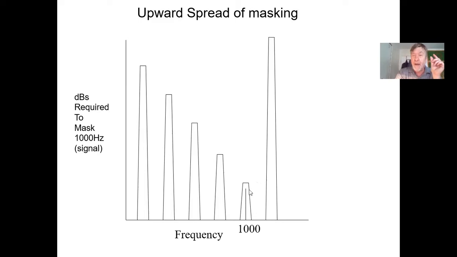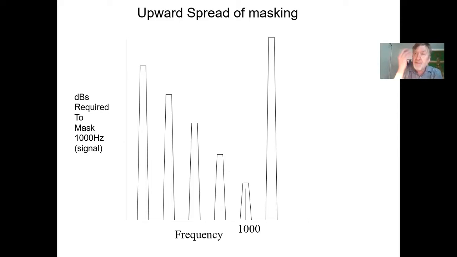And if I try to mask that 1,000 hertz tone with an even lower narrow band of noise, you can see the trend. The further I go away from the frequency in question, the more decibels I need to make that narrow band of noise in order for it to mask the signal. But that's when I'm going in a lower direction.